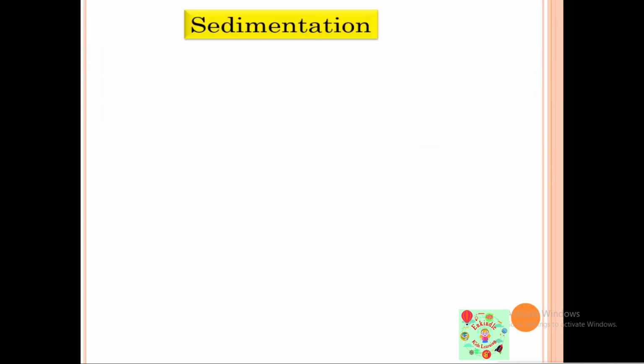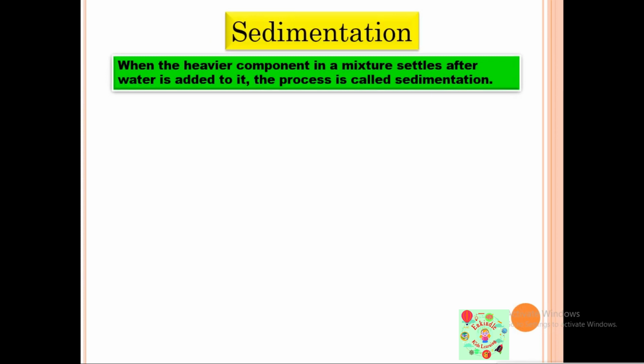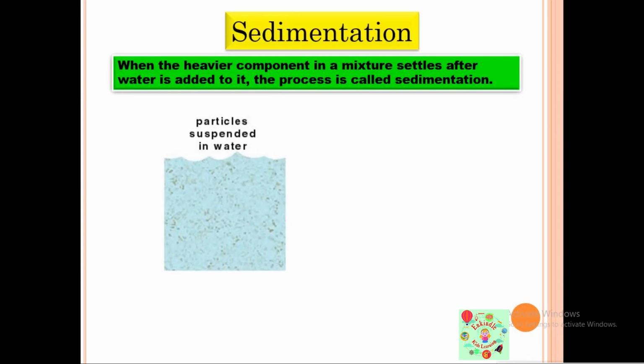Next, we'll study sedimentation. What is sedimentation? When a heavier component in a mixture settles after water is added to it, the process is called sedimentation. Here you can see soil and dust particles present in the water.